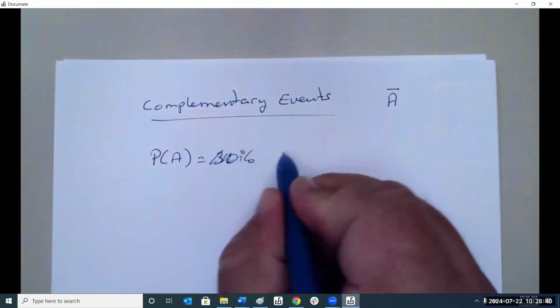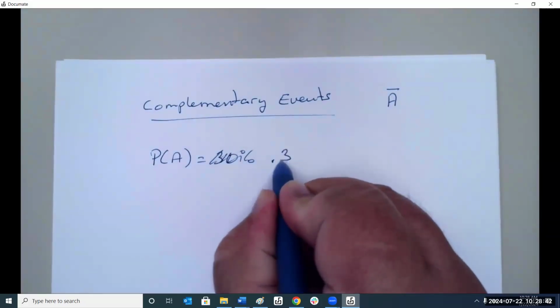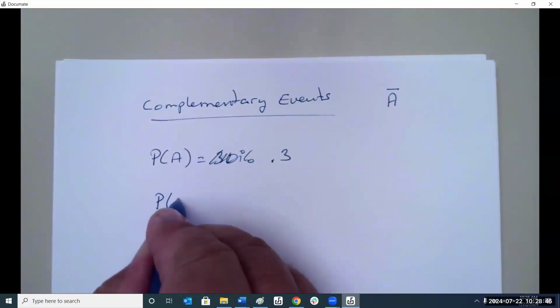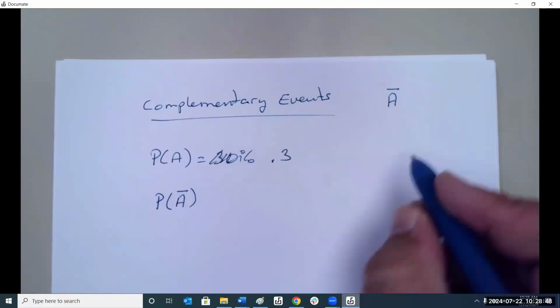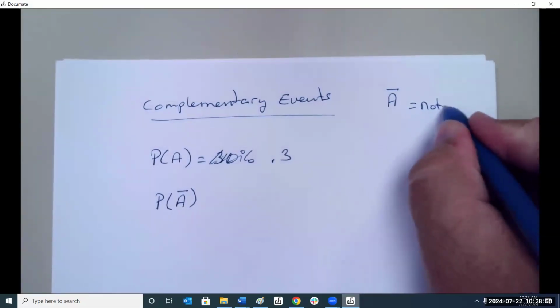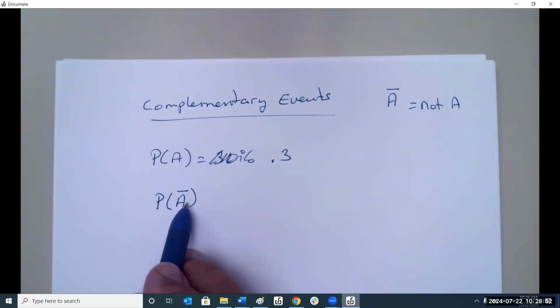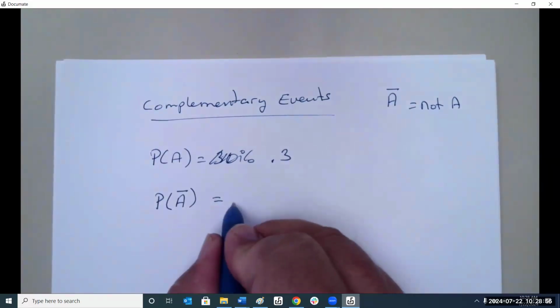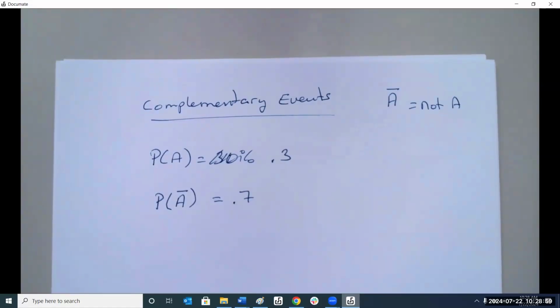Actually, I can't use percent. It would have to be 0.3. The probability of A is 0.3. So what's the probability of not A? 0.70.